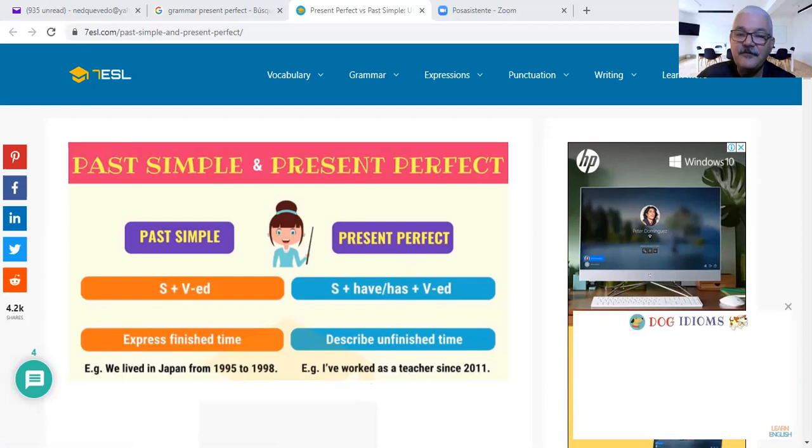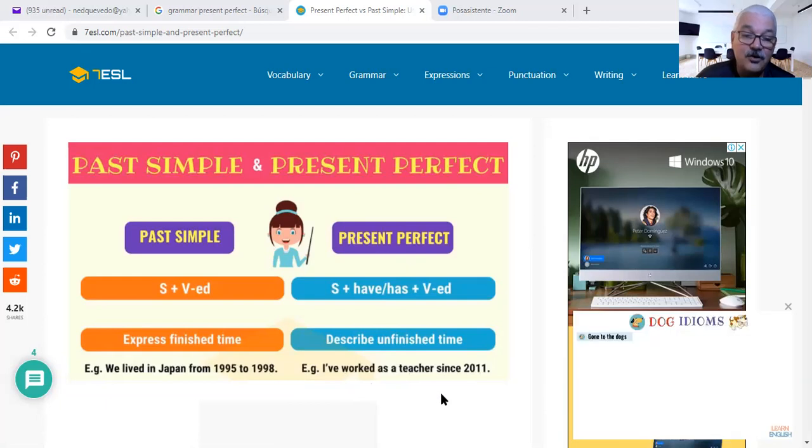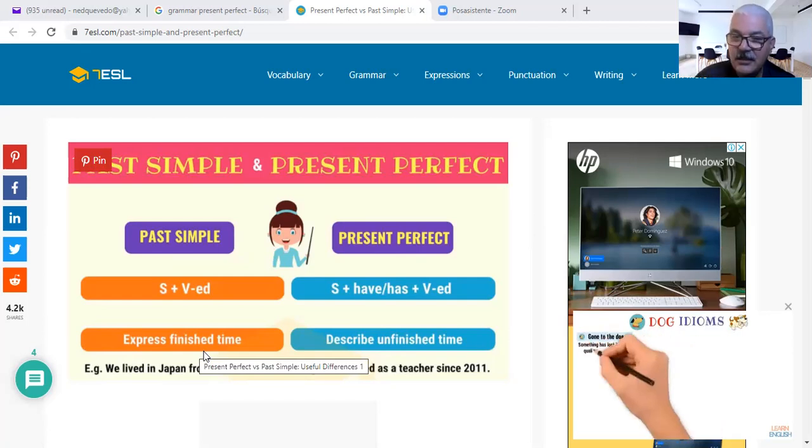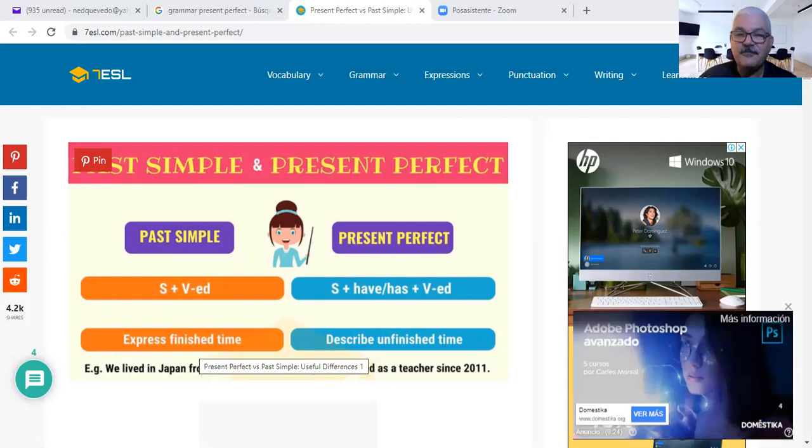So the difference is just that the action started in the past, but the effect is seen at this moment, at the present time. So in the simple past, you express a finished time, it had finished, but with the present perfect, you describe an unfinished time, okay? That's the main difference.